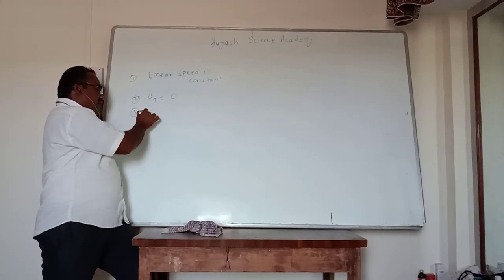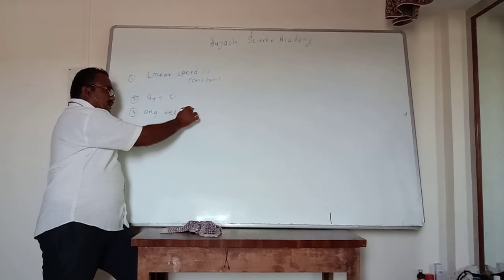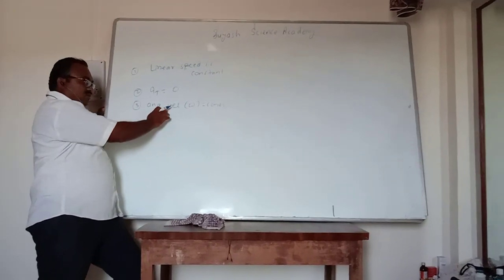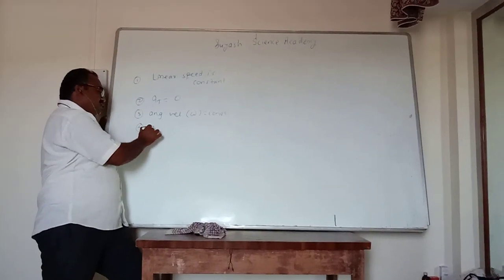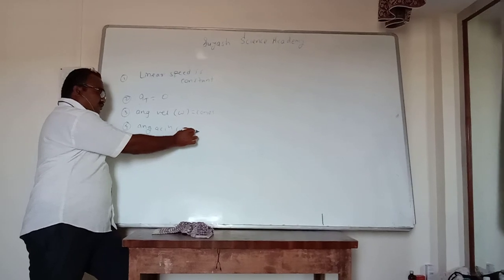Third property: angular velocity omega is again constant. Angular velocity is constant, therefore angular acceleration alpha is zero.